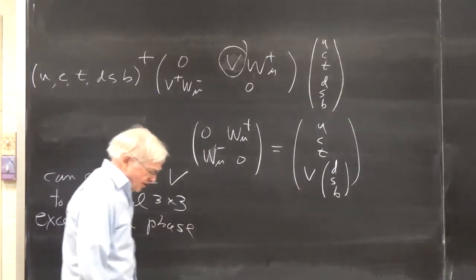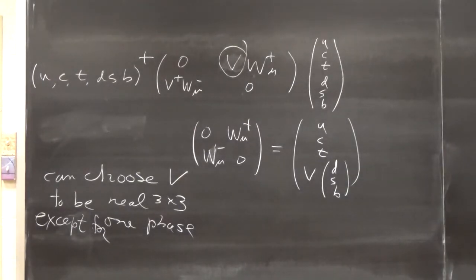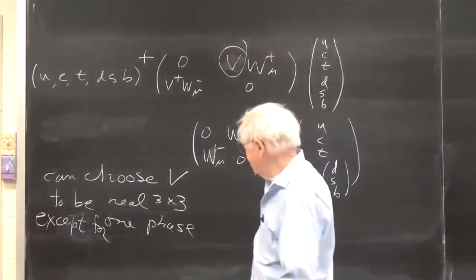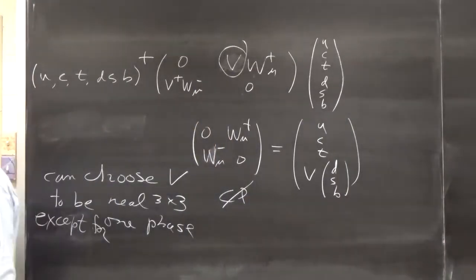So there's one leftover phase, and when K and M announced this result, which when you think about it isn't all that deep, it just follows from the fact that you have three families, they pointed out that because there was one phase you couldn't get rid of, that could explain CP violation, which had been observed in hadronic systems.